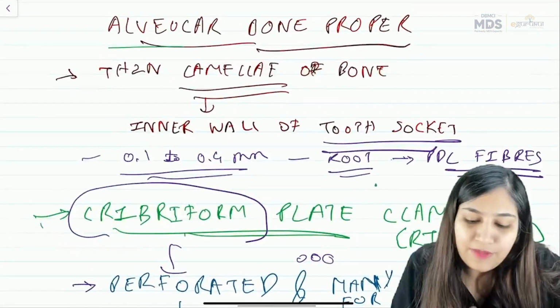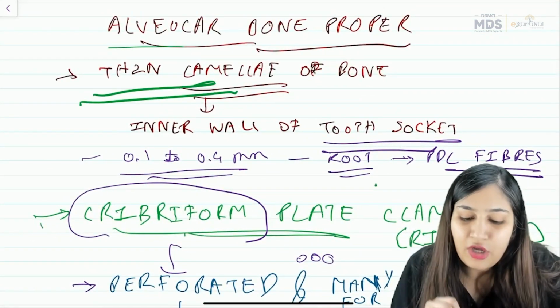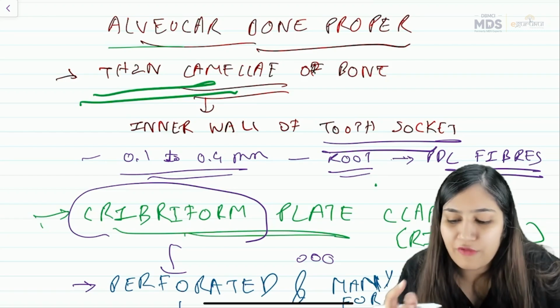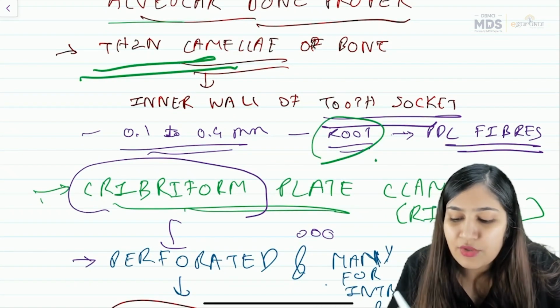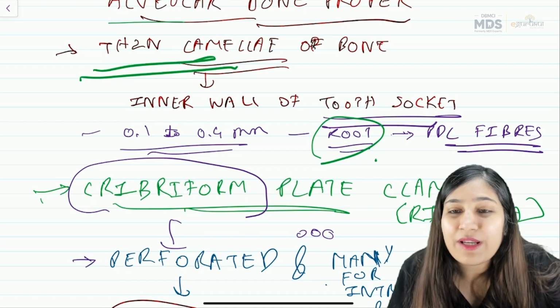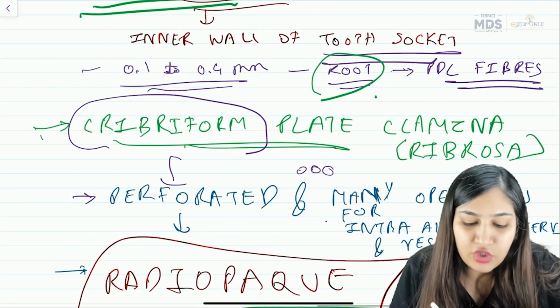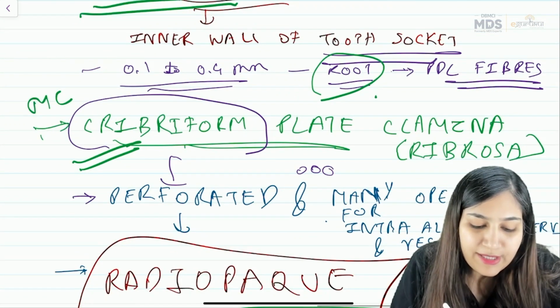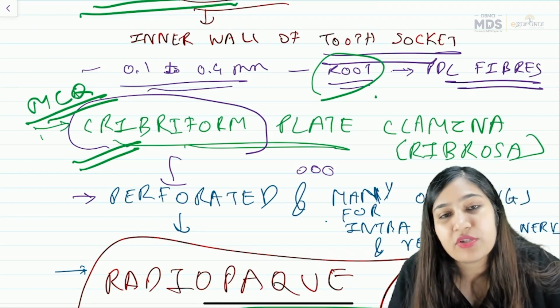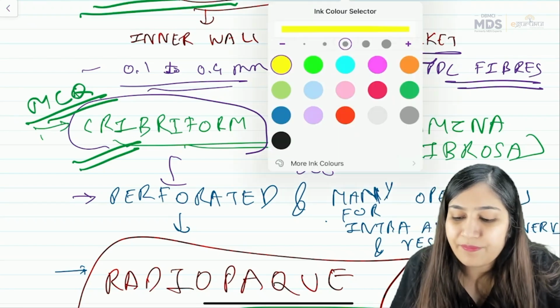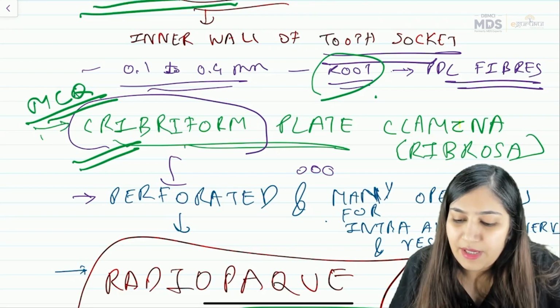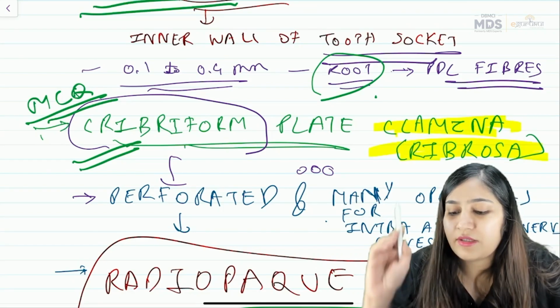So alveolar bone proper is mainly a thin lamella of bone forming the inner wall of the socket. It covers the root and provides attachment to the PDL fibers. It is also known as cribriform plate, lamina cribrosa.